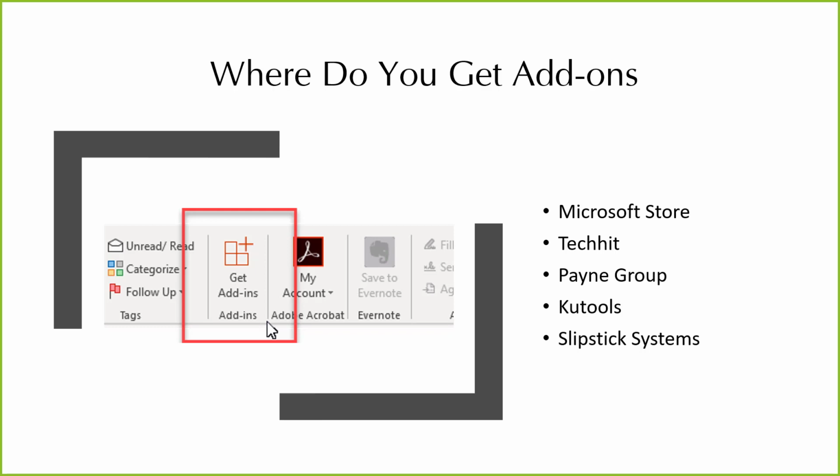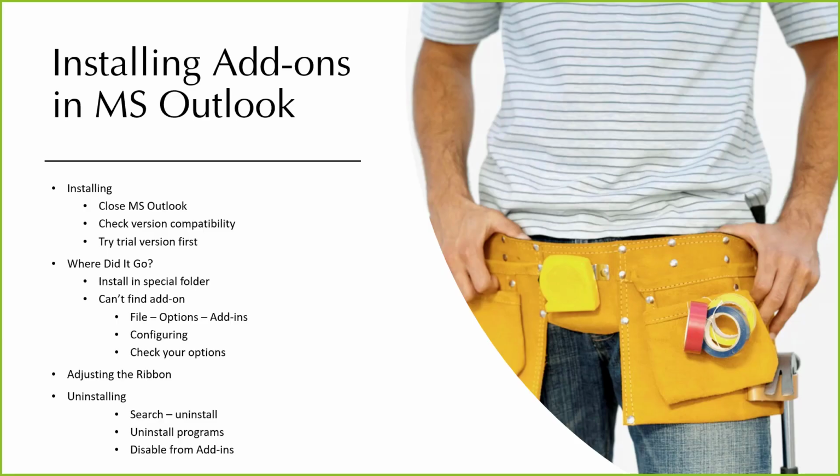These companies that have been doing Outlook add-ons forever and ever, like TechHit or Pain Group. Pain Group is out of Washington State, and they have a lot of specific to the legal vertical add-ins that we're going to look at, and some others. So go to a trusted source first. And then when you install add-ins, just keep in mind a couple of things.